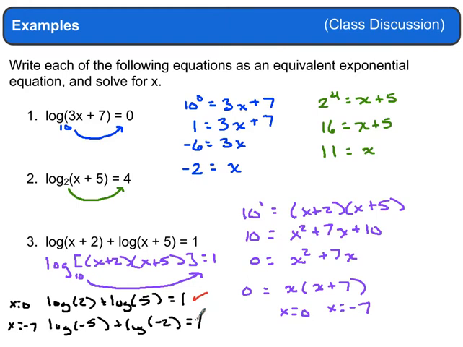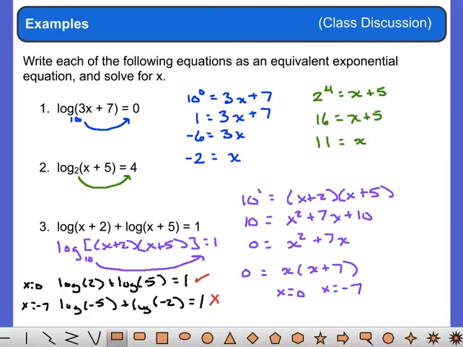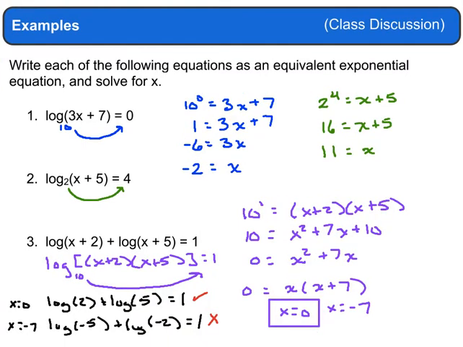Again, you could try that in your calculator and see what happens. You might find it interesting. Plus the log of negative 2. And it turns out that it is a non-real answer. We cannot do that. So therefore, this one is extraneous. The only one that ends up being a viable solution here is x equals 0. And we have to ignore this one right here.